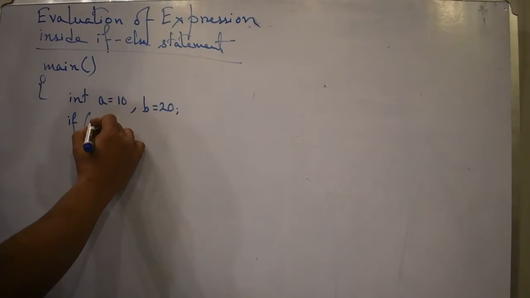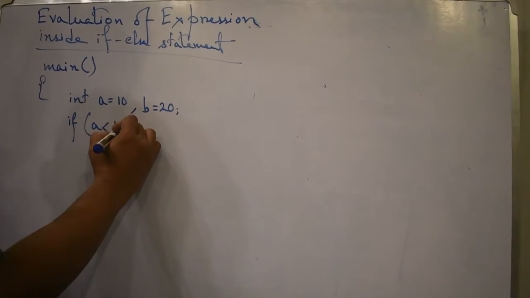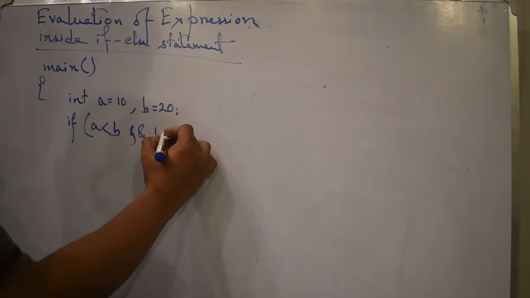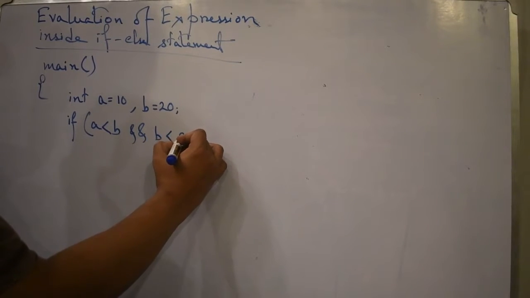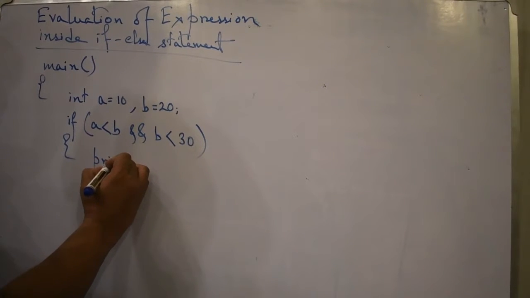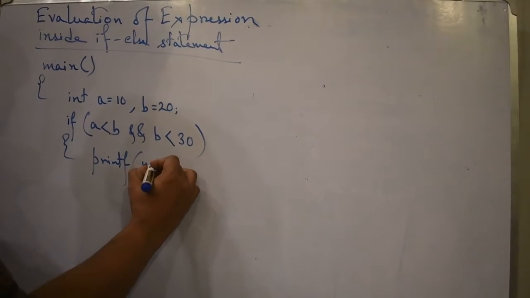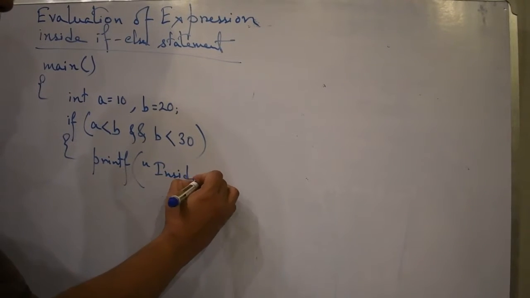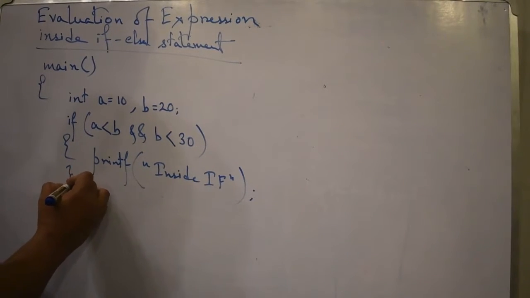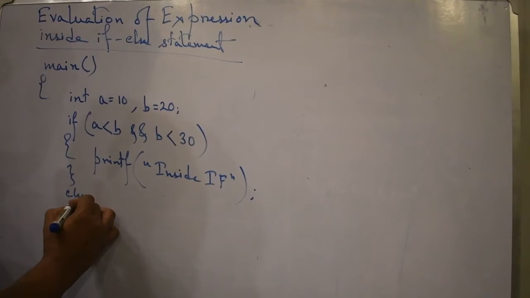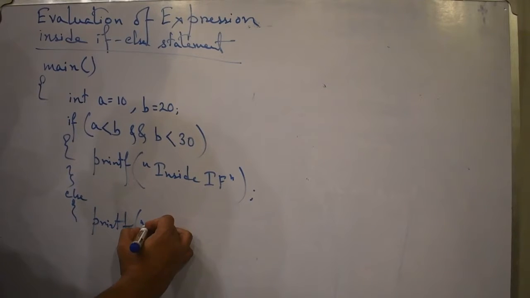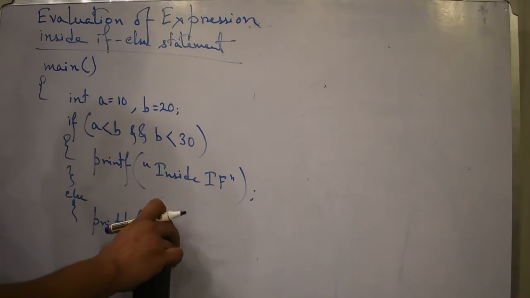If a less than b and b less than 30, then print "inside if", else print "inside else".